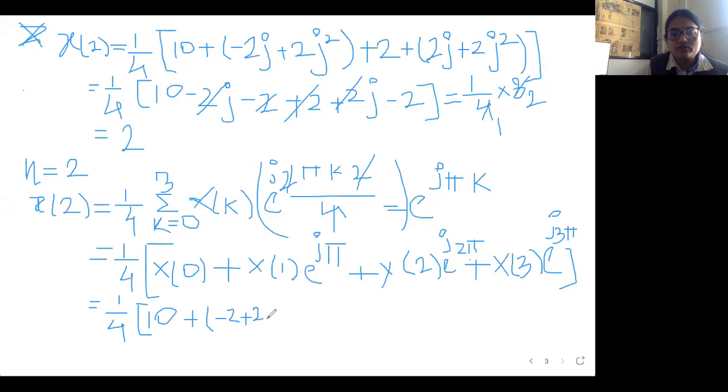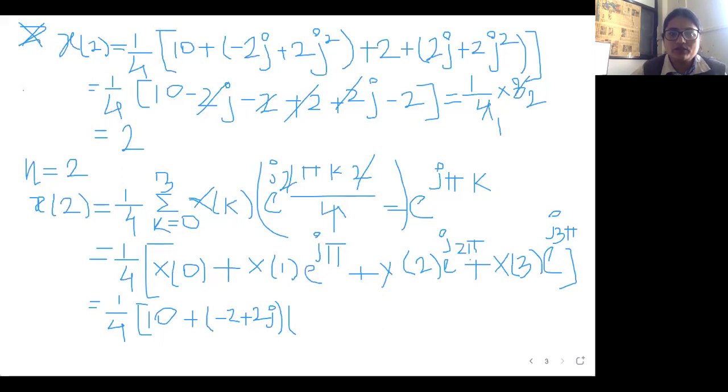This is going to multiply by e raised to j pi. So what is the value of e raised to j pi? It is cos pi plus j sin pi. J sin pi is 0 because the value of sin pi is 0. So we'll be considering only cos pi. What is the value of cos pi?